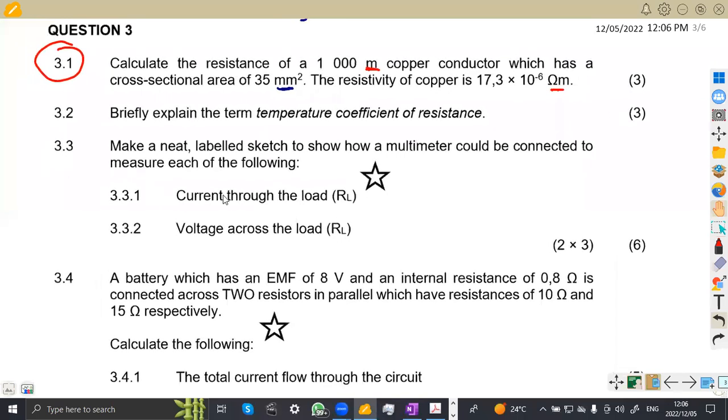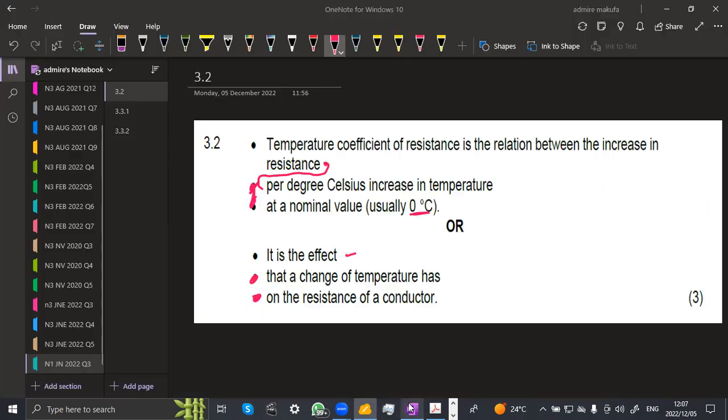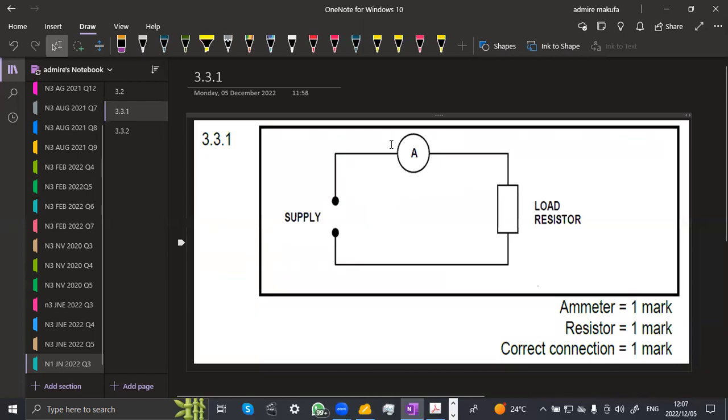Okay, on 3.3, we are now given: make a neat labeled sketch to show how a multimeter could be connected to measure the following: current through the load resistor, then voltage across the load. On 3.3.1, what is the current? If you are measuring current, remember it's supposed to be in series with the load.